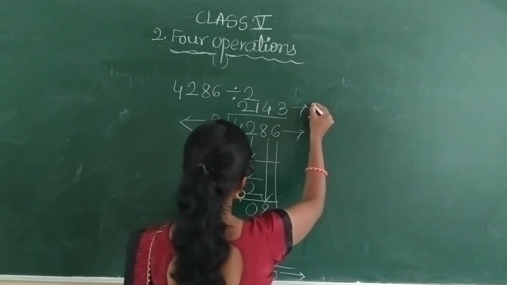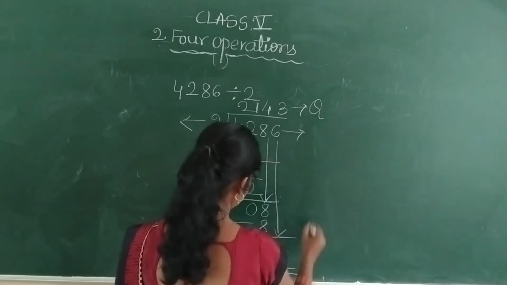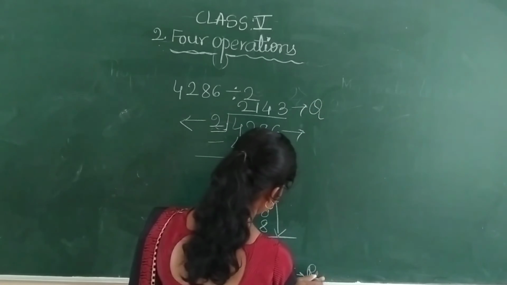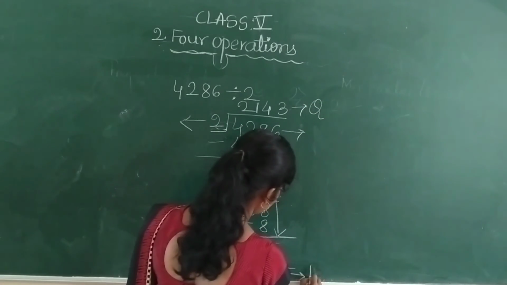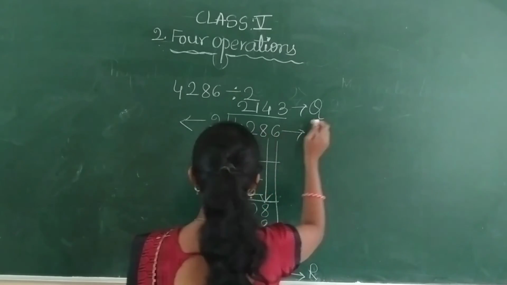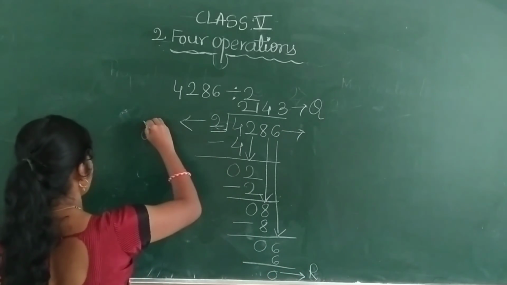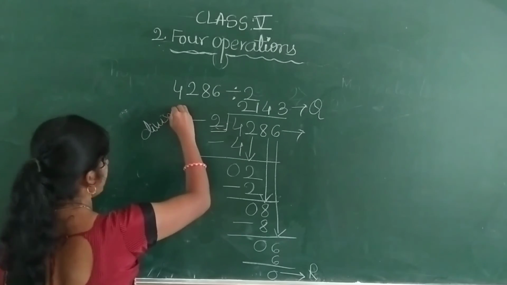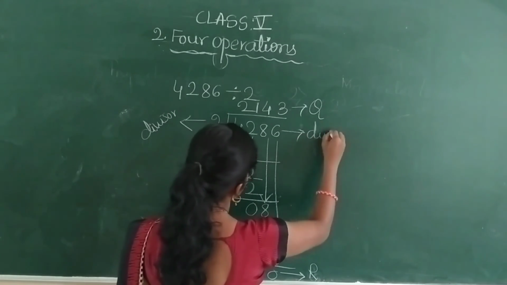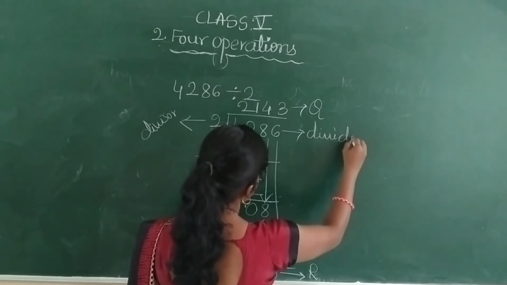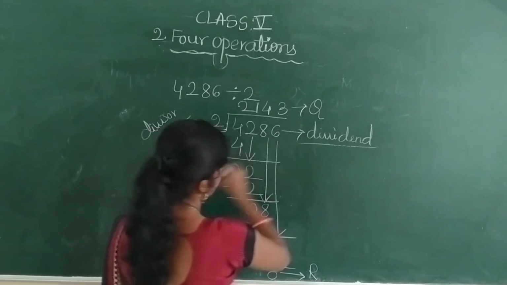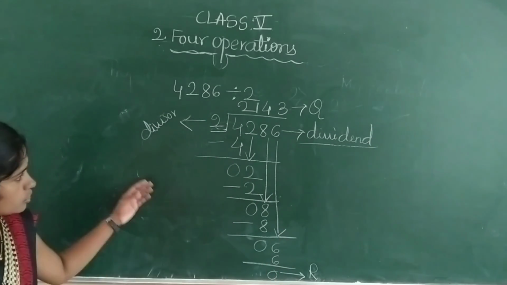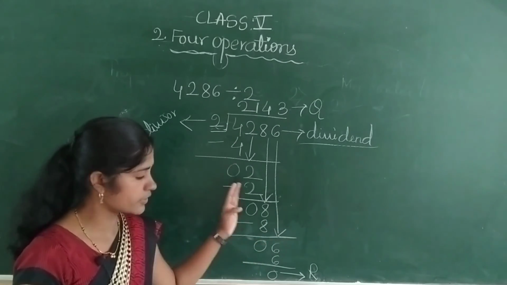So I will write it in short form. This is the quotient, this is the remainder. We represent it with a capital R. This is Q and this is the divisor. This is the divisor and this is the dividend. Okay. Is it clear? So each term has its own name.